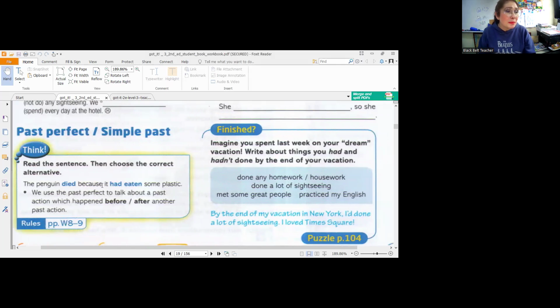The penguin died because it had eaten some plastic. What happened first? The penguin had eaten plastic, and then the penguin died. So the penguin died is simple past. The other action receives the past perfect. So past perfect always is the oldest action, the older among the two past actions.